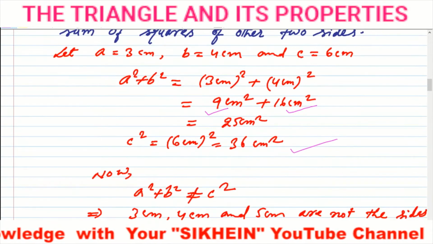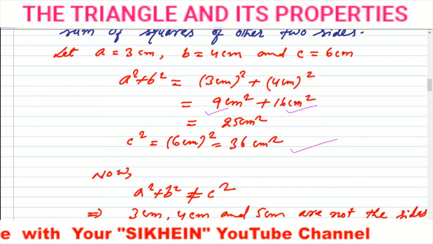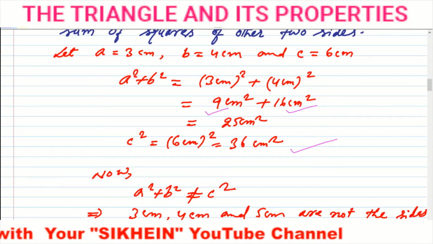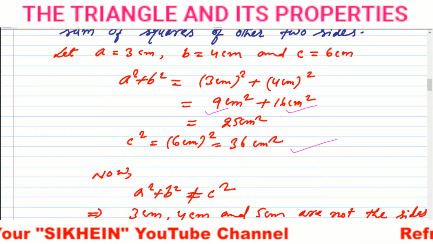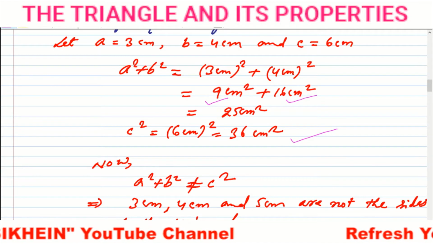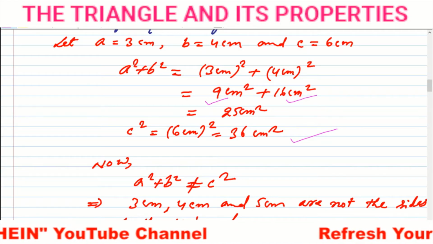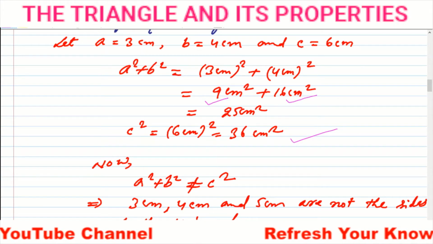Now a square plus b square equal to c square? No. So if it is not satisfying the condition, then we can say that the given lengths of the sides of a triangle, that is 3 centimeter, 4 centimeter and 6 centimeter, are not the sides of a right triangle, right?